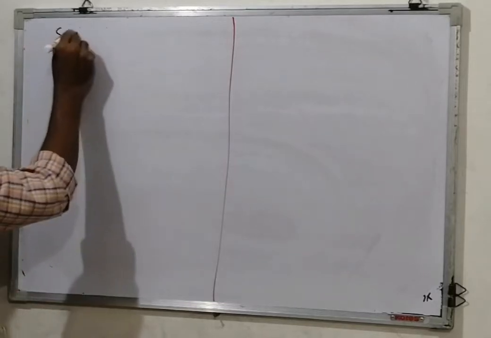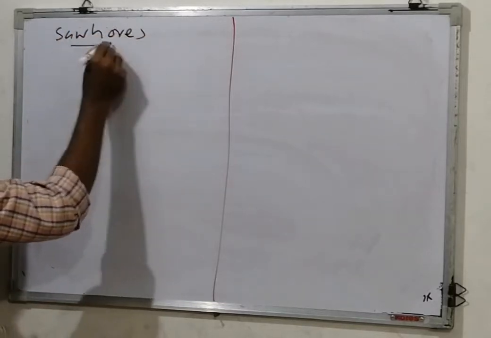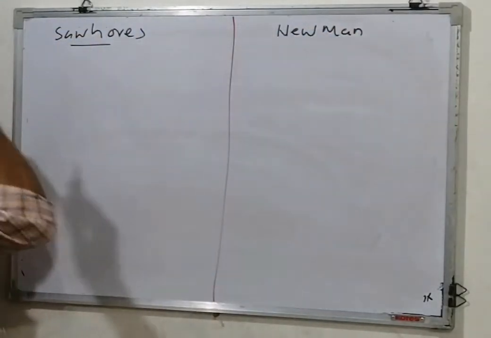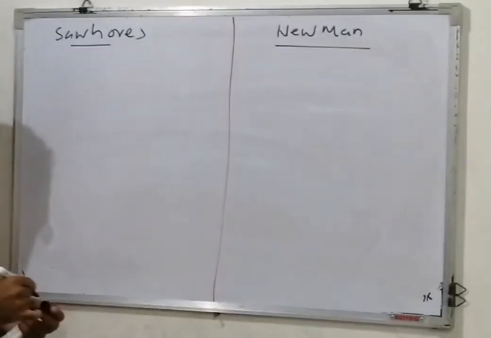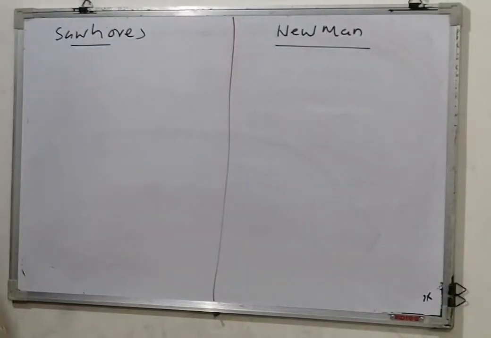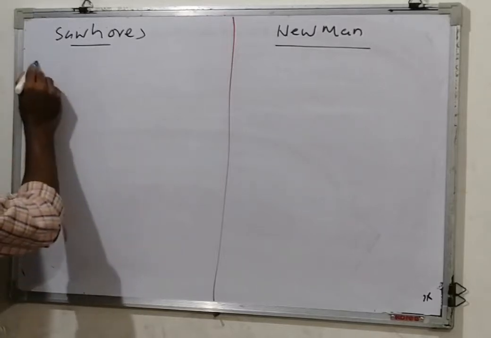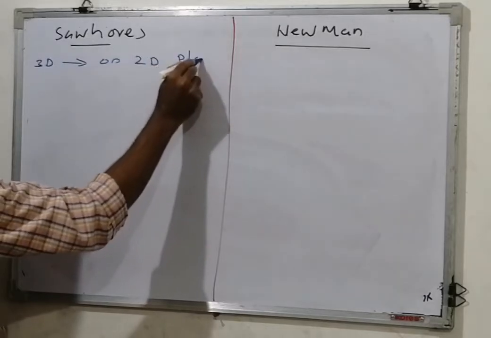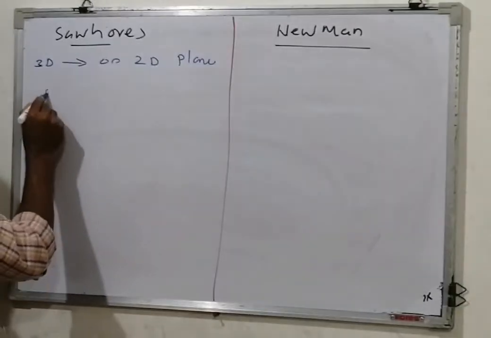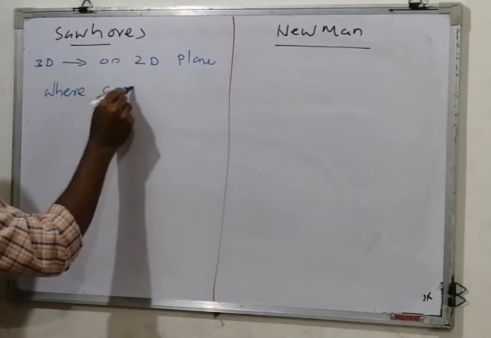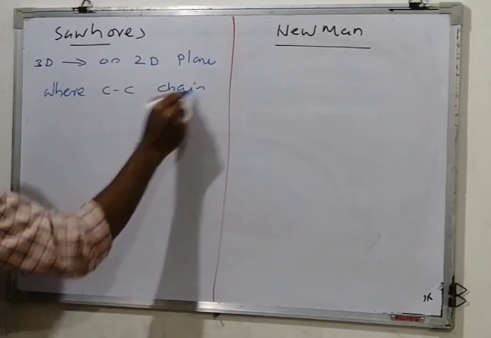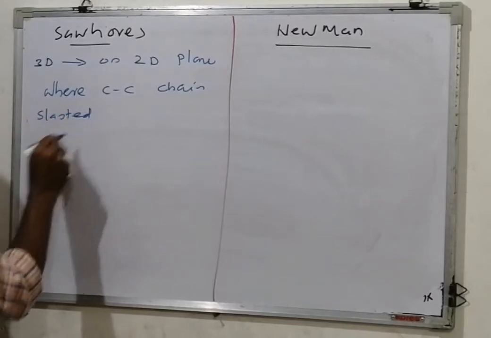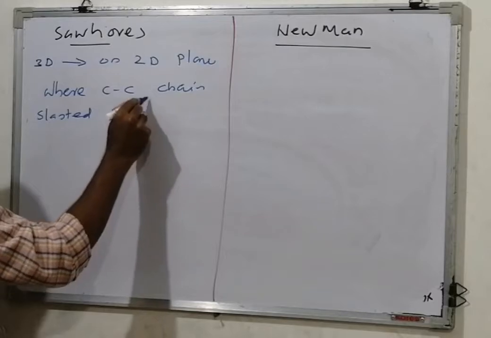Sawhorse is a three-dimensional representation on a two-dimensional plane, where the carbon-carbon chain is represented by a slanted line.